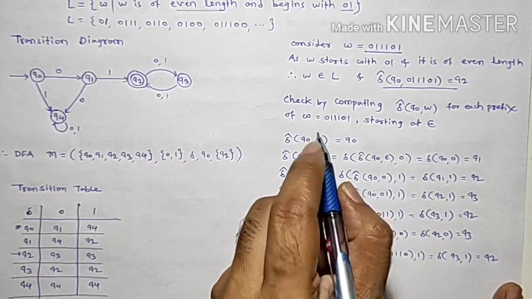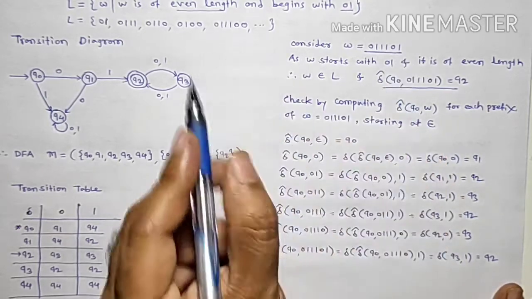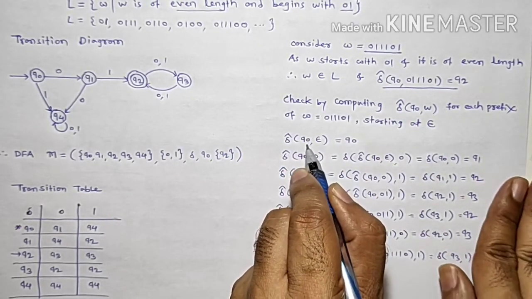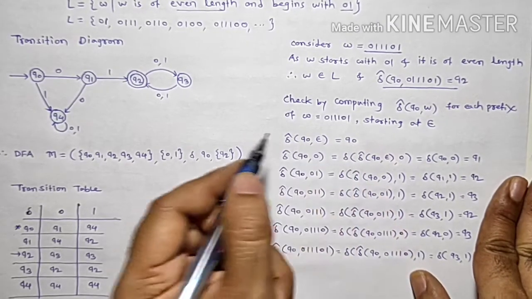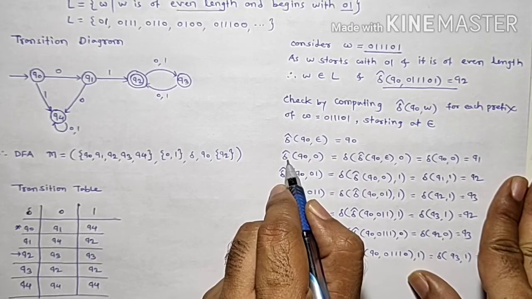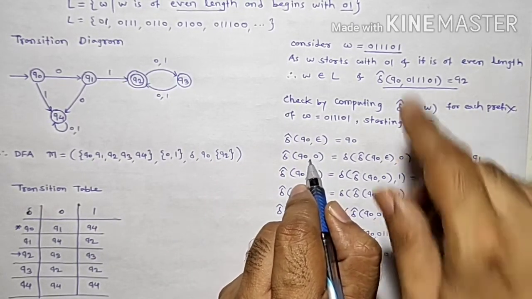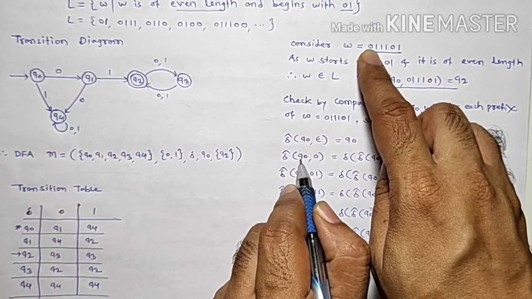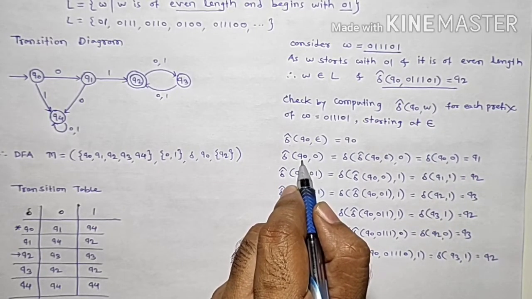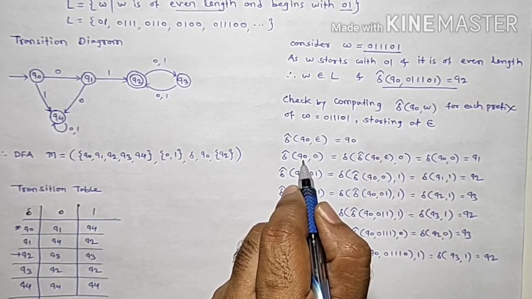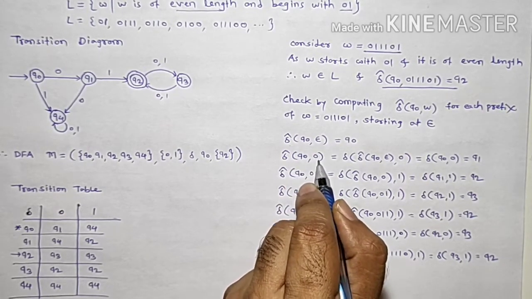Epsilon is a prefix of w, so delta cap of q0 on epsilon is the same state, q0. Next, we gradually increase the prefix. After epsilon, the next prefix is 0, so we compute delta cap of q0 on 0.